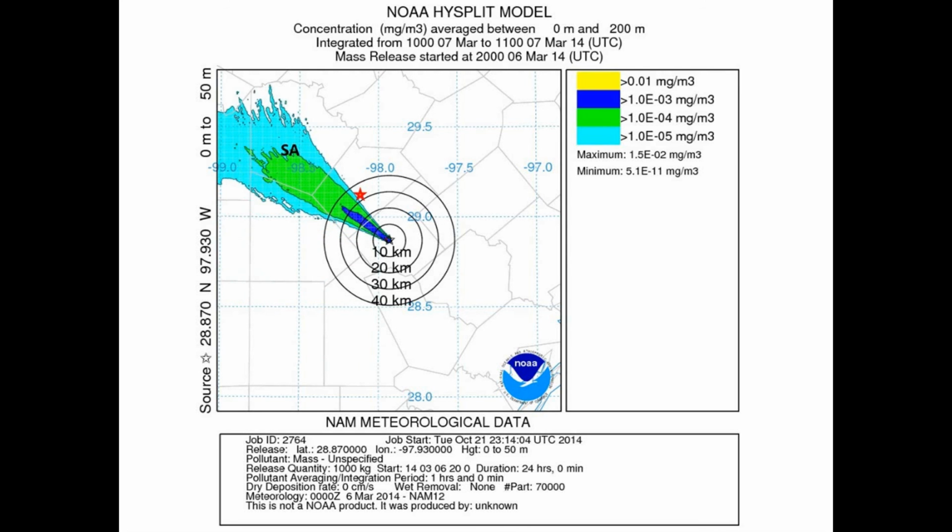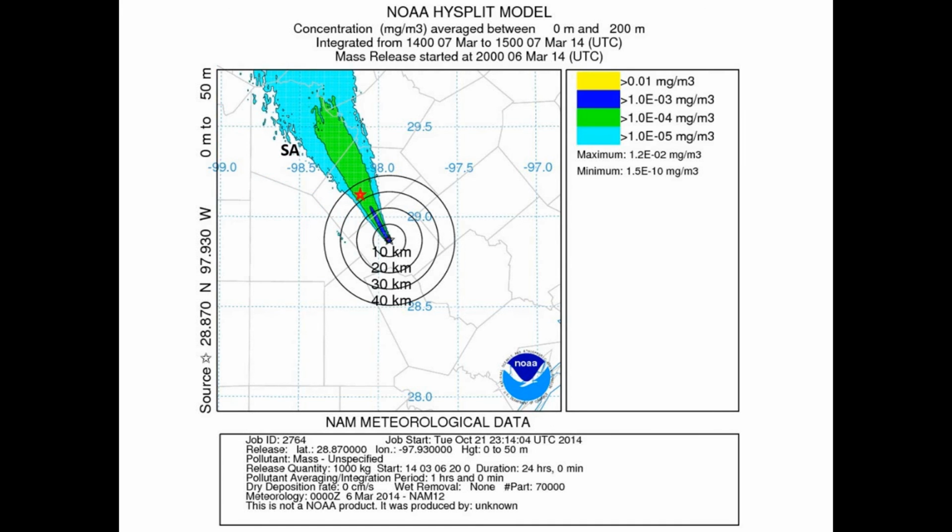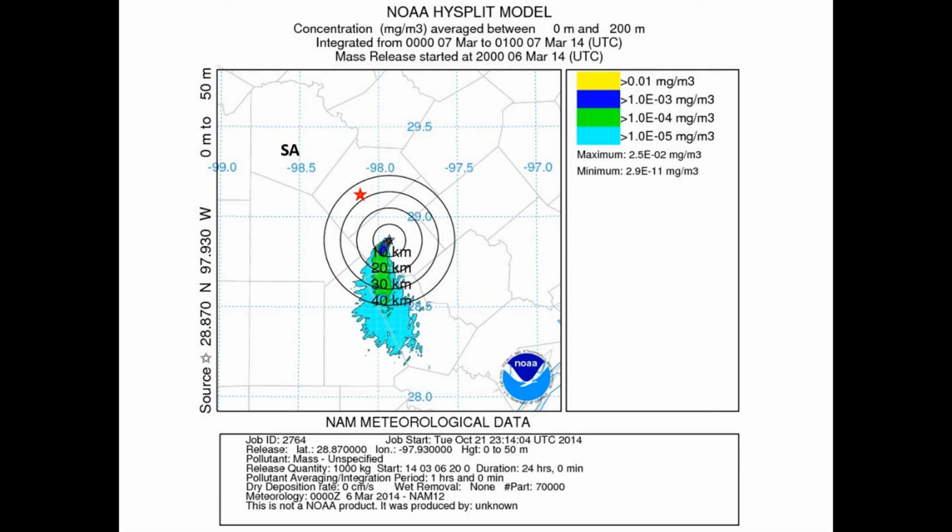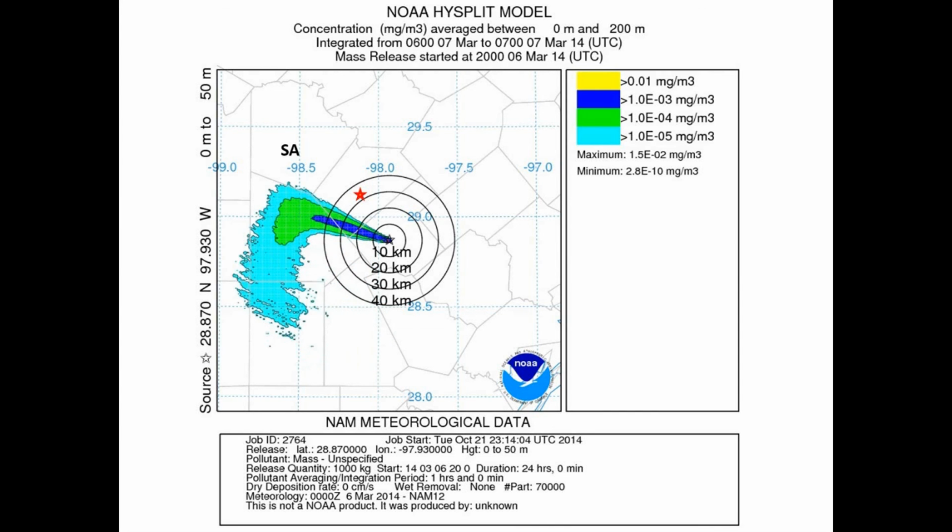Keep in mind that these are large-scale averages because this model has a resolution that is not better than, let me think, was it 4 kilometers or 10 kilometers? Don't nail me down on this one, I have to double check that.